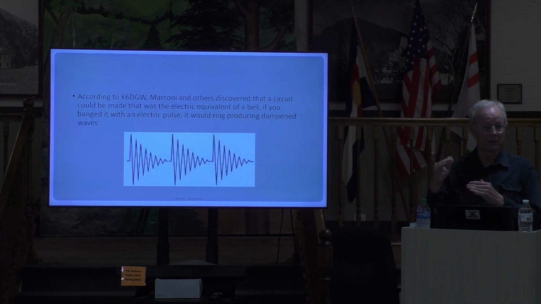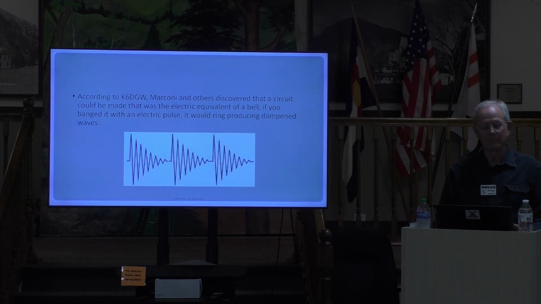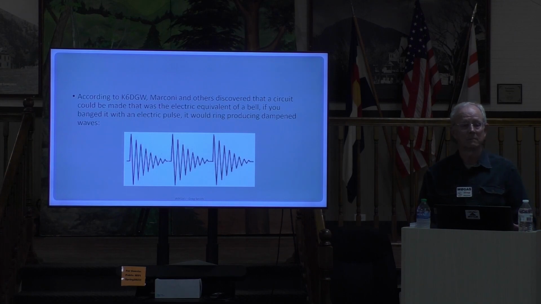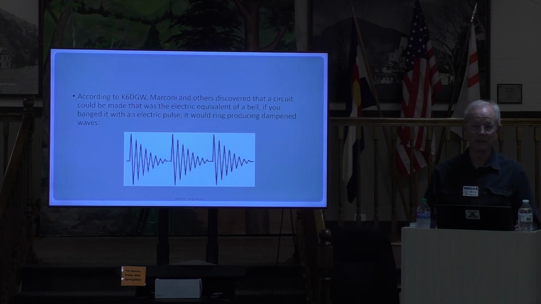The amplitude declines over time, frequency stays the same. And they ended up creating these huge interference patterns because it's like a square wave, and so all these harmonics were being sent out. And so this is a really messy, noisy way to transmit.